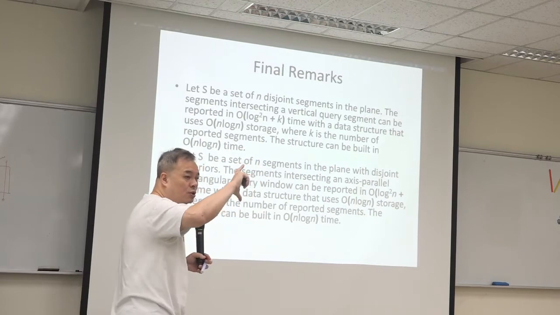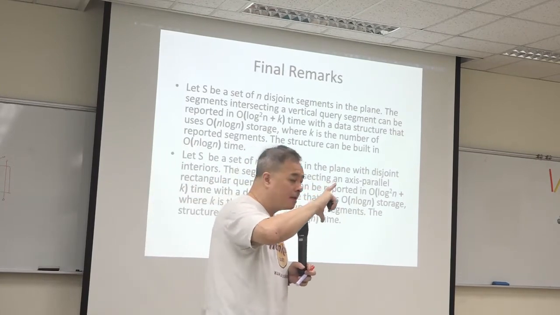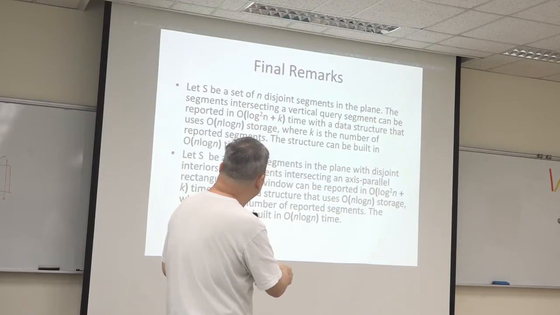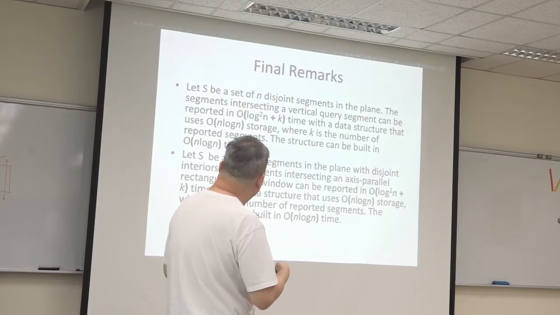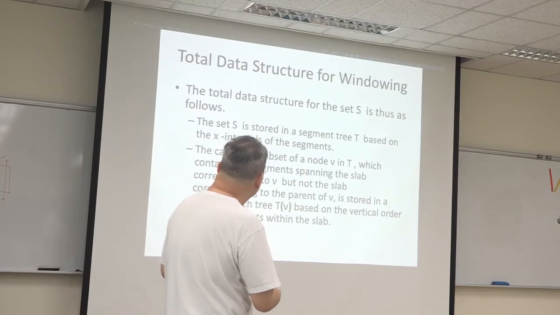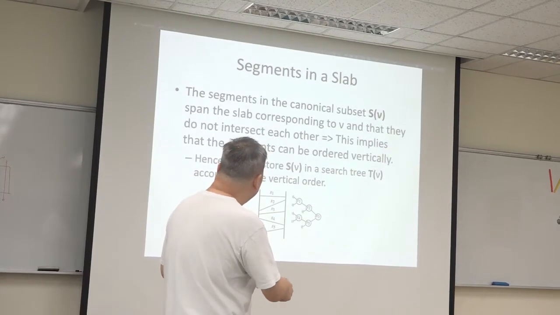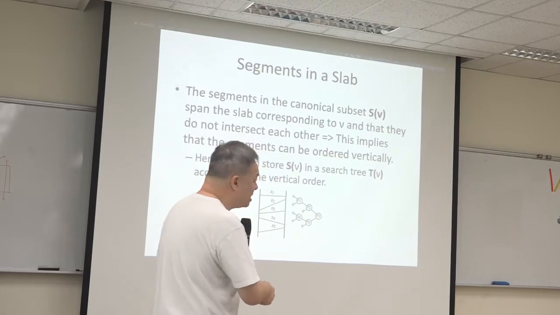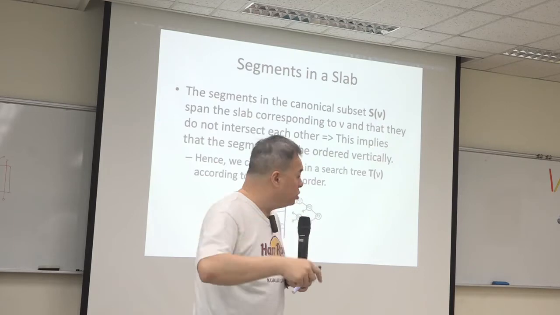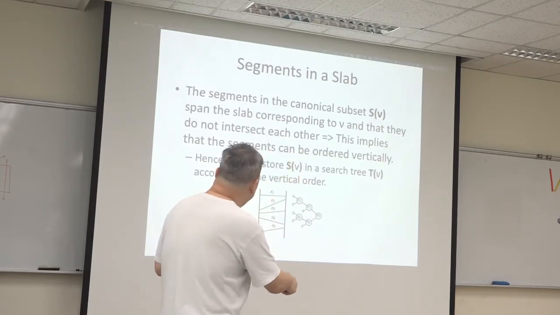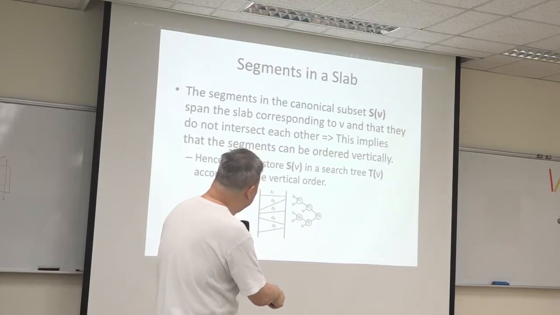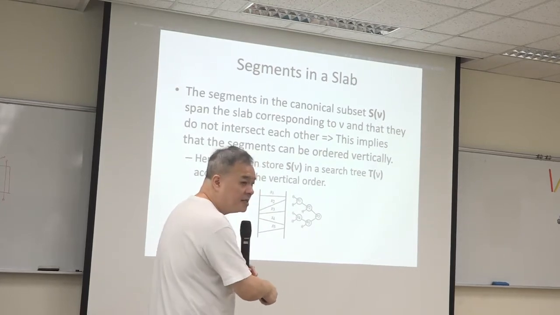The Q. The reason for the log n squared is because we need log n to find all the slabs that contain Qx, and we need another log n to query which segments are actually in the range of y.